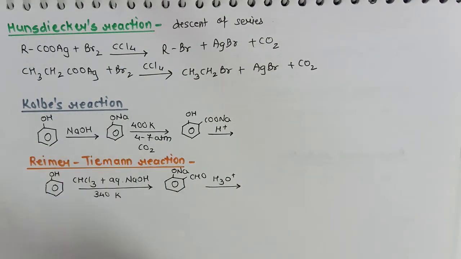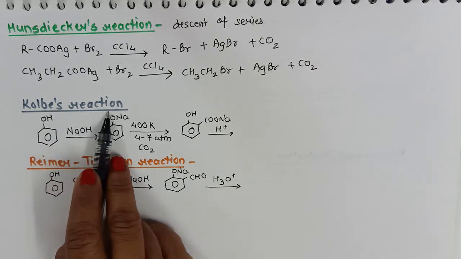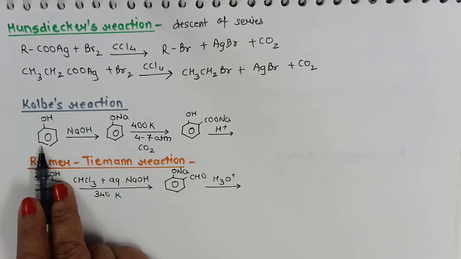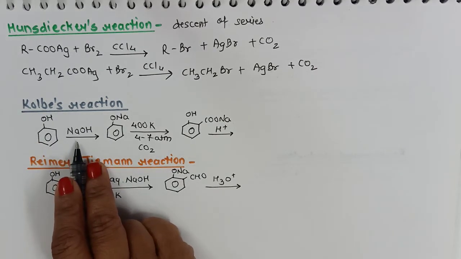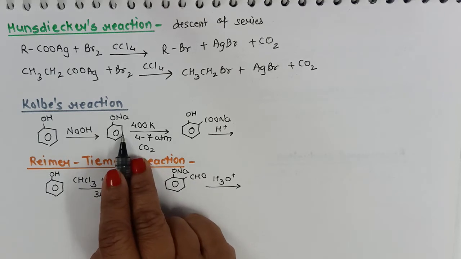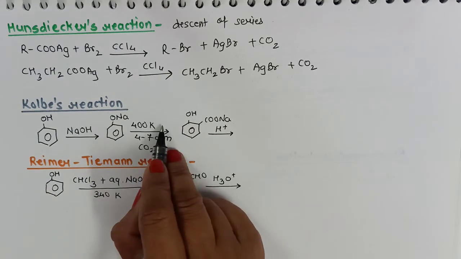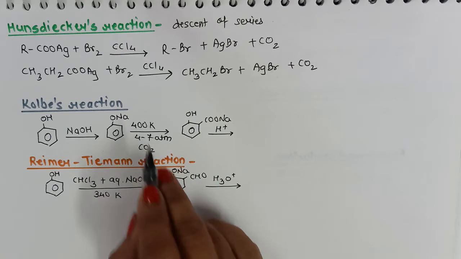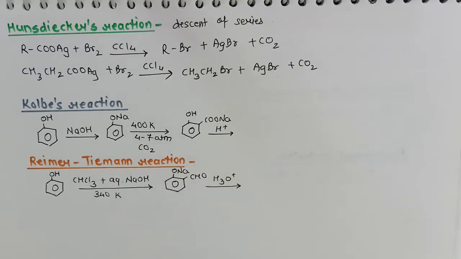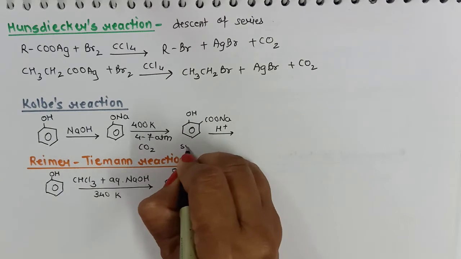Now, Kolbe's reaction is a different one and Kolbe's electrolytic reaction, that is a different one. Here we are studying Kolbe's reaction, which starts with phenol. Phenol, when treated with sodium hydroxide, gives sodium phenoxide. And when it is treated with carbon dioxide under high pressure and temperature, we will get sodium salicylate.